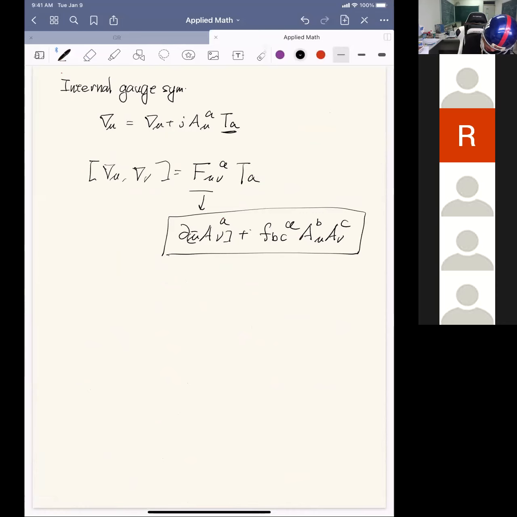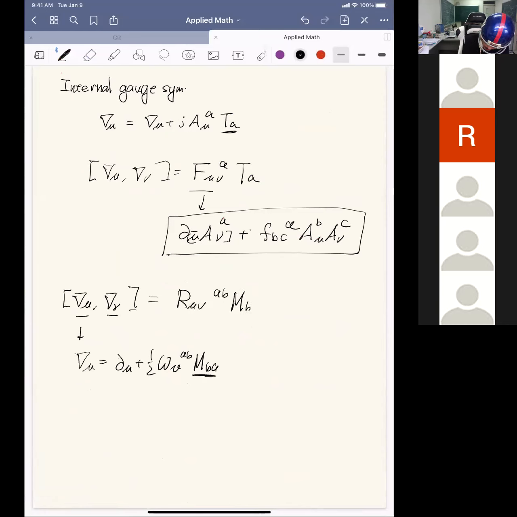So in our language in GR, we have partial mu, partial nu, where these are the gravitational covariant derivatives, partial mu plus 1/2 omega mu AB MBA, where this is the Lorentz generator. And this commutator is just 1/2 R mu nu AB MBA.